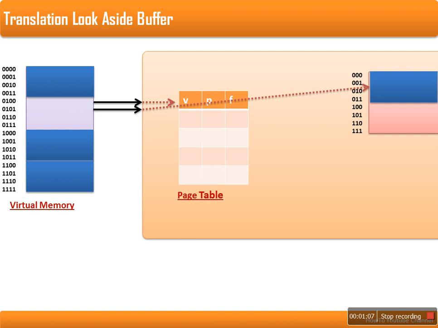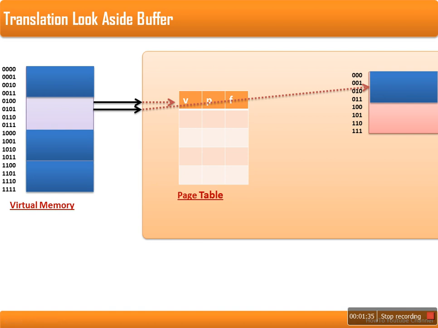In order to fetch the physical address for that virtual address, the frame number has to be fetched, and for that the page table has to be accessed. So we need to go to the page table address in RAM, and it will be counted as the first memory access.